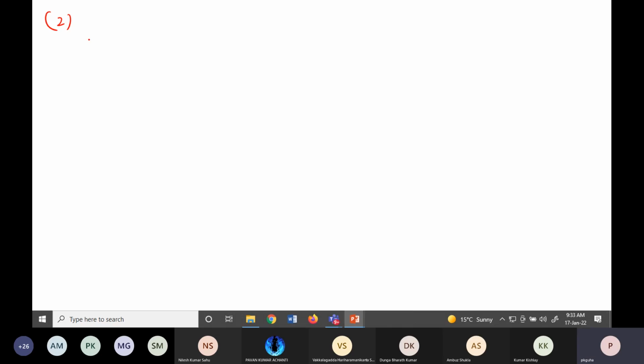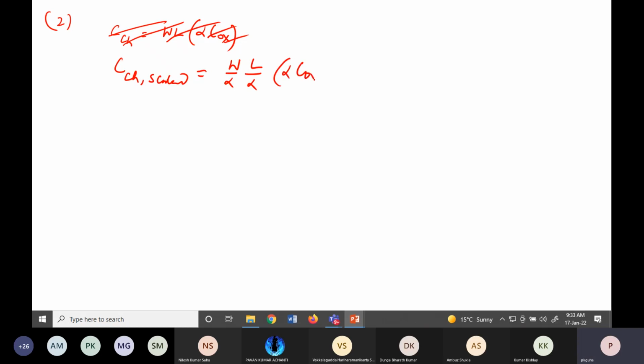The total channel capacitance, you see, this overall channel capacitance is also reduced by alpha.